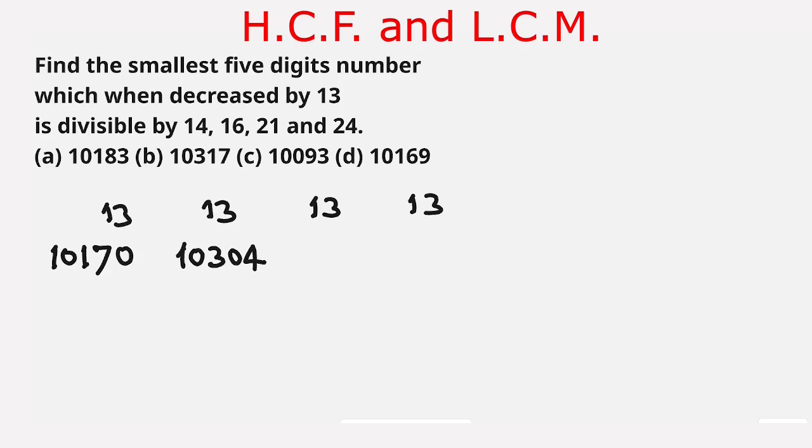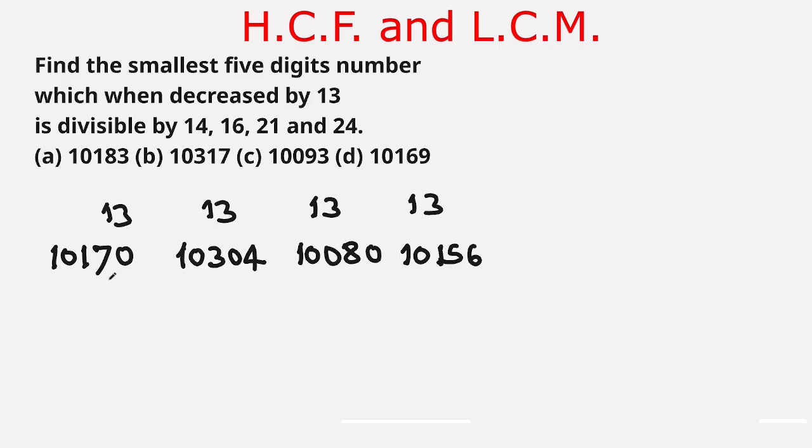On subtracting 13 from 10093, we get 10080. And on subtracting 13 from 10169, we get 10156. Now our answer must be divisible by 3 as well as by 4.